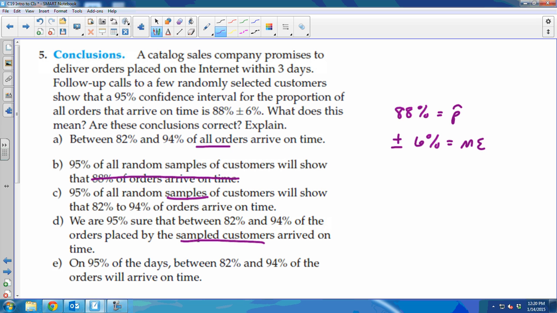What is the correct statement we should make here? Most correct? What is a correct statement we could make?